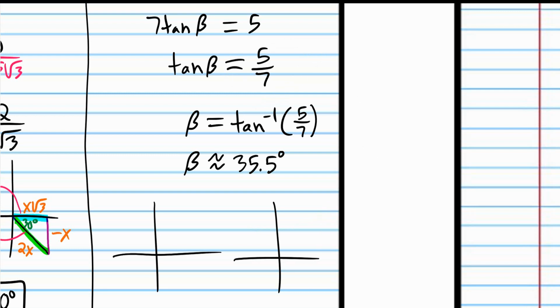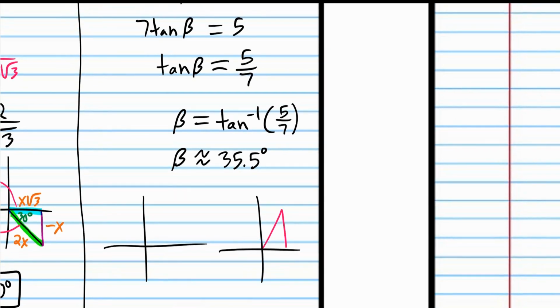Tangent is defined to be the opposite side of the reference angle divided by the side adjacent to the reference angle. And if the ratio is positive, then that's going to be a triangle in the first quadrant and the third quadrant.